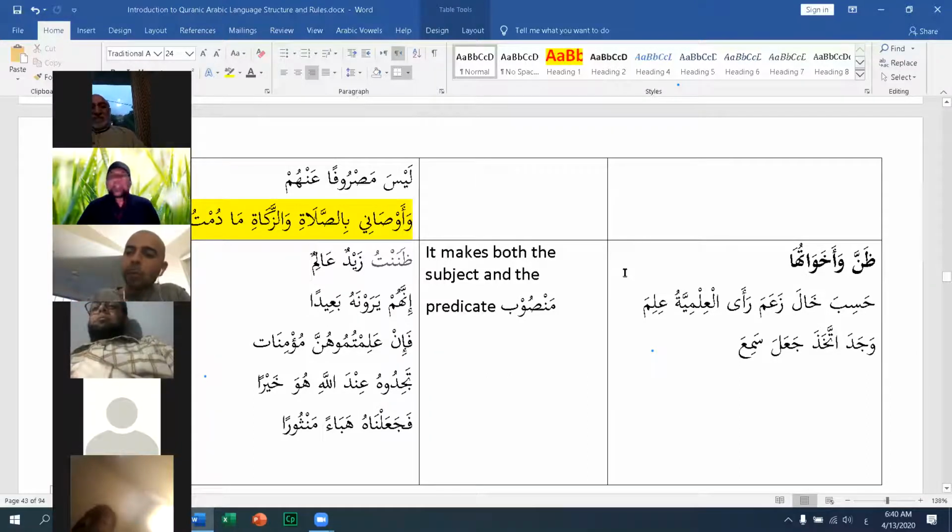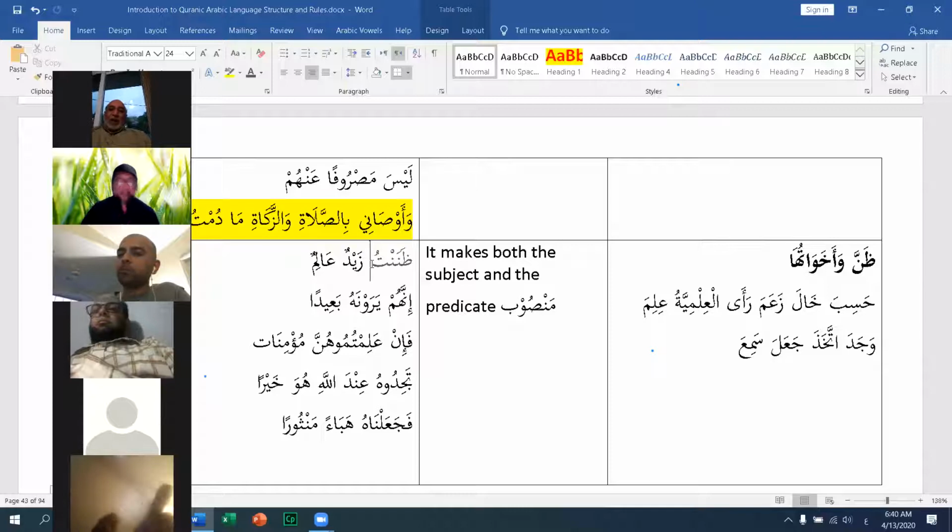Now, if we put ظن in front of that, this is what happens. ظن means he thought. ظننت means I thought. So where is the fa'il for ظن? مستتر. Yes. ظننت زيدا عالما.